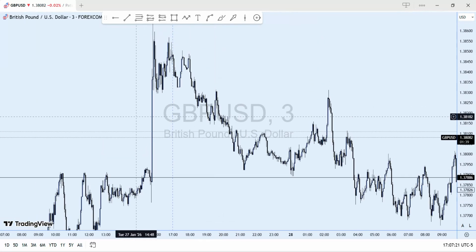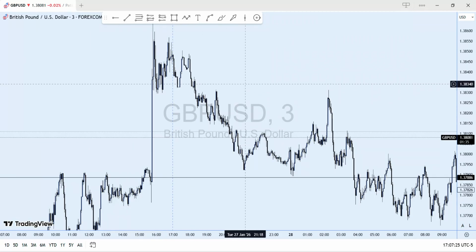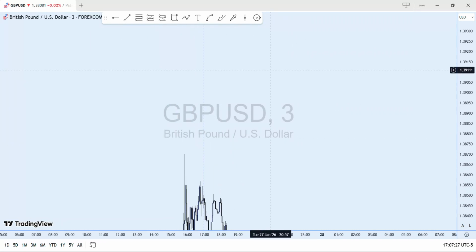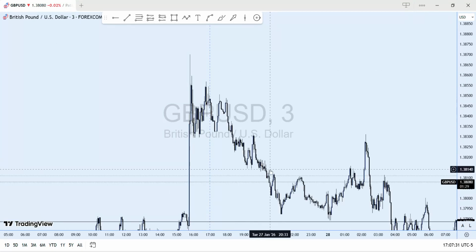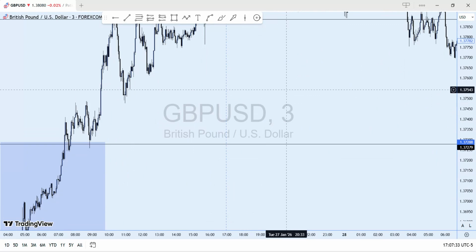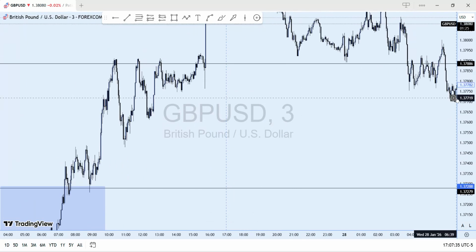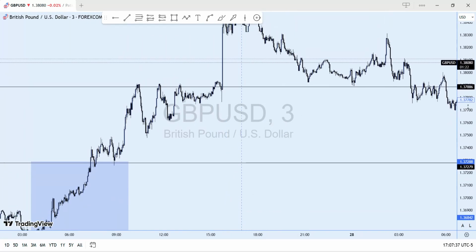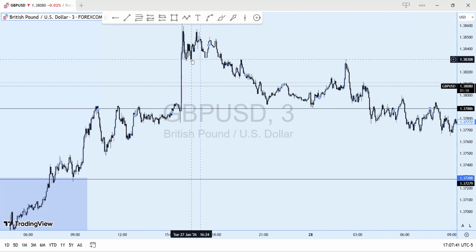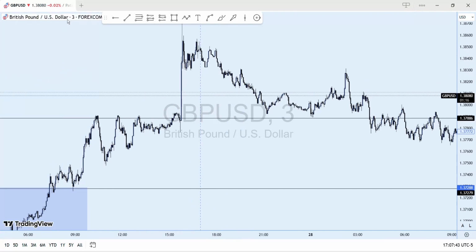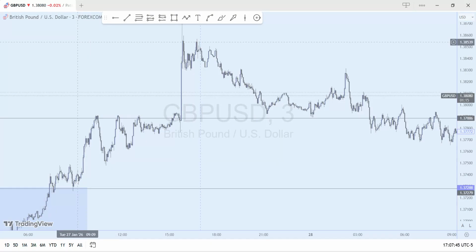So actually, I didn't see any market structure shift from this side. I had some levels which I was thinking the market might reach to, but yet it didn't. So I was thinking the market might push up. So there was no substantial market structure shift there.